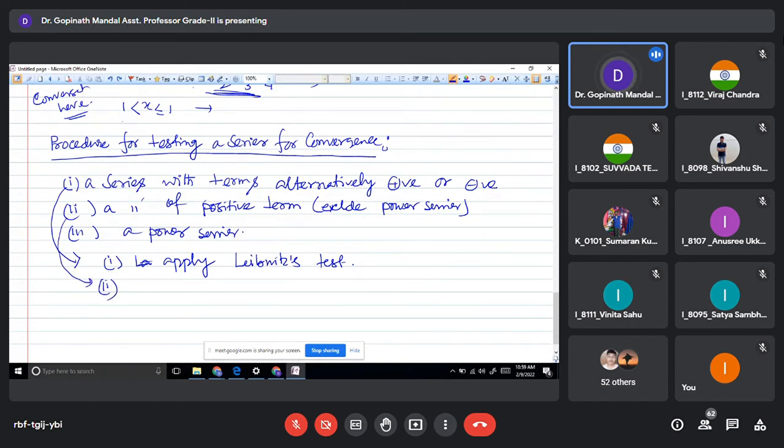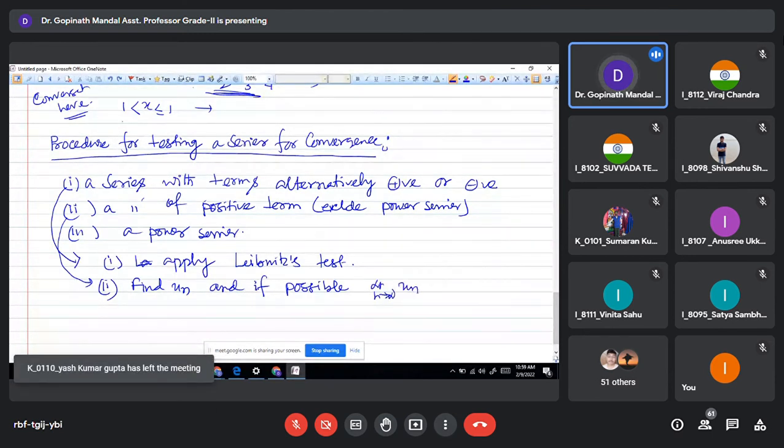Then first you find un, and if possible, find limit n tending to infinity un.